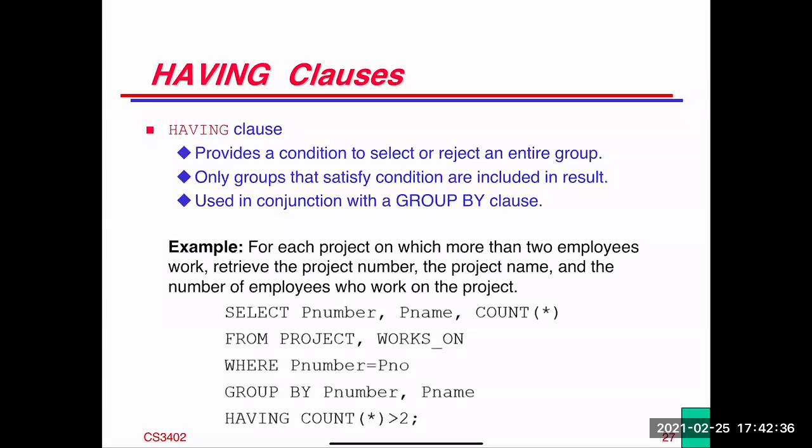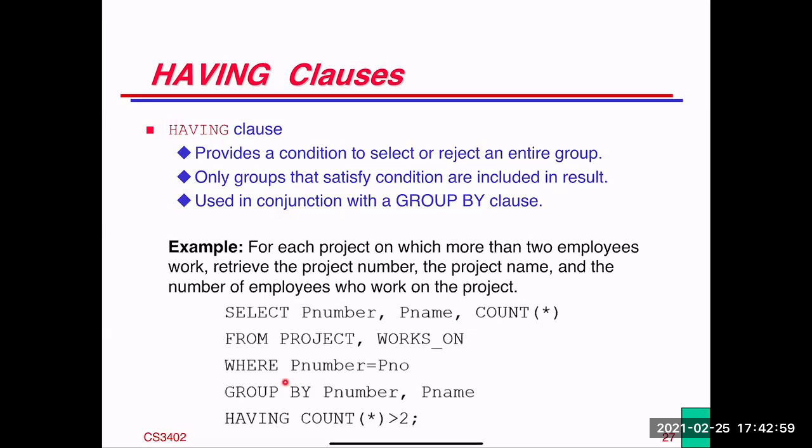All right, so let's look at the query for that. So we're selecting from project and works on. And the condition is, again, this join condition here, right? So we're joining these 2. And we're grouping by the project number and project name.